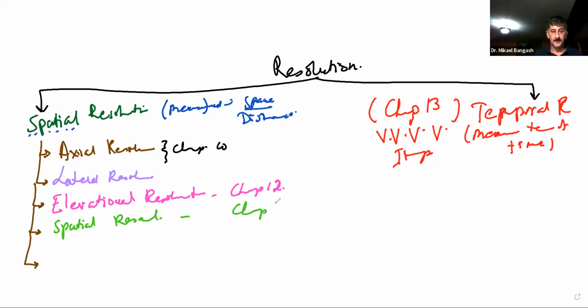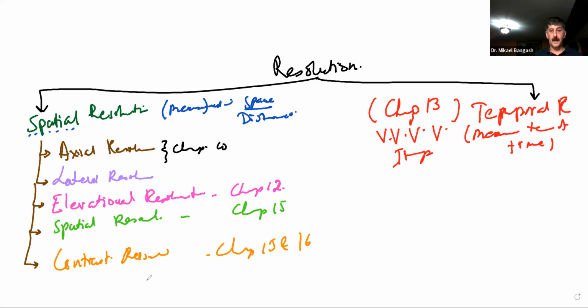We will talk about this one here in chapter 15. And in chapters 15 and 16 there is a last type of spatial resolution, which we will call the contrast resolution. That's going to be chapter 15 and chapter 16.